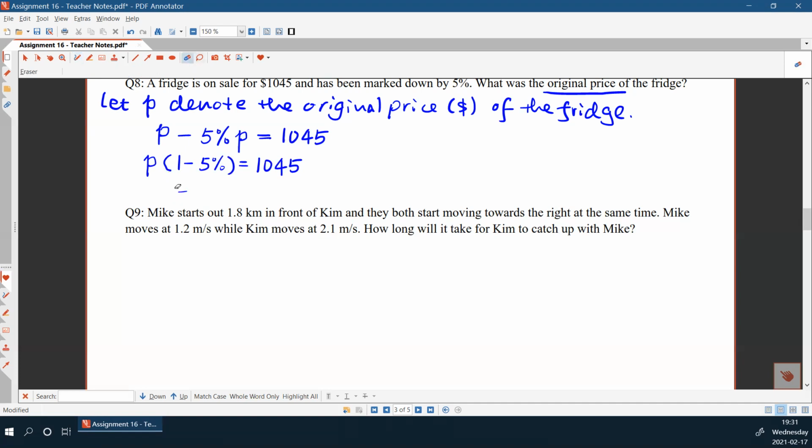Okay, let's write one more step for you. 1 minus 5% is 0.95, so 0.95 P equals 1045.